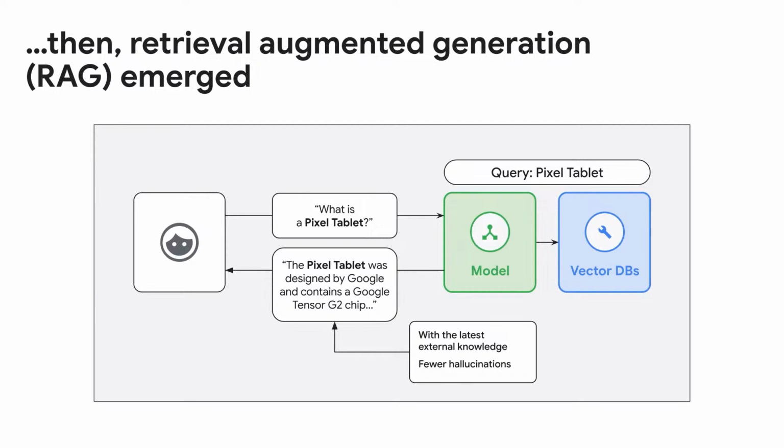Then we do 2 steps in the architecture: information retrieval, and then information synthesis. You might have seen this a lot with vector databases and embeddings, multimodal embeddings. You can do this across text, images, and audio. So that's retrieval augmented generation.